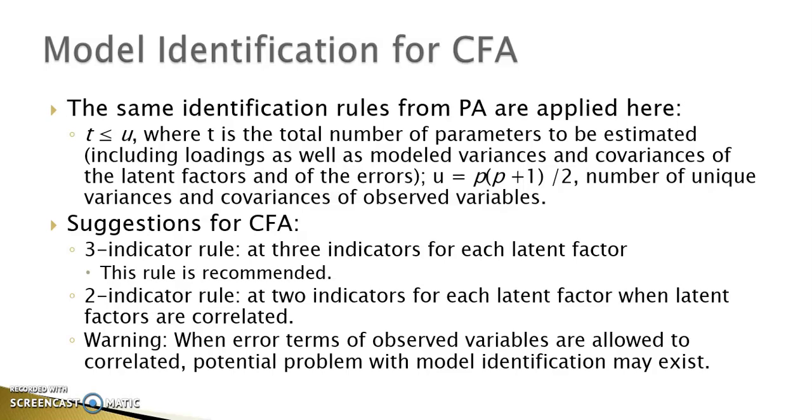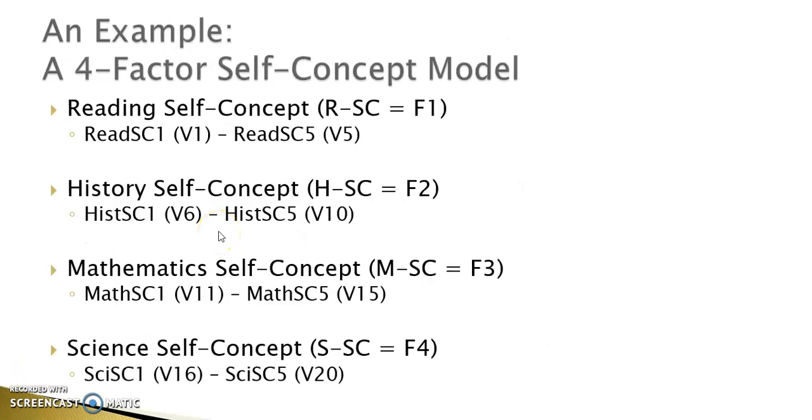As a second item in this video, I am going to use an example to demonstrate how to write the command file in Mplus for a CFA model. In this example, there are 4 latent factors measuring students' reading, history, math, and science self-concept.